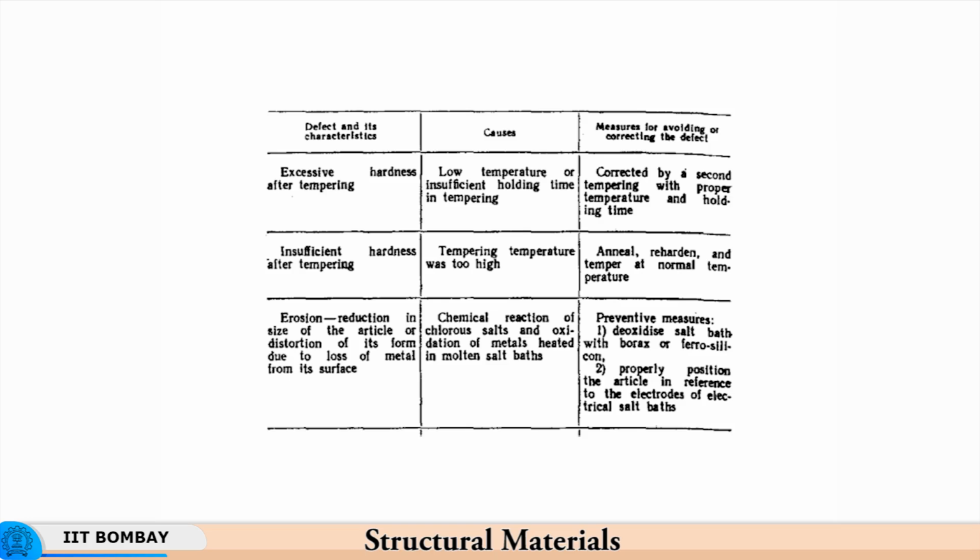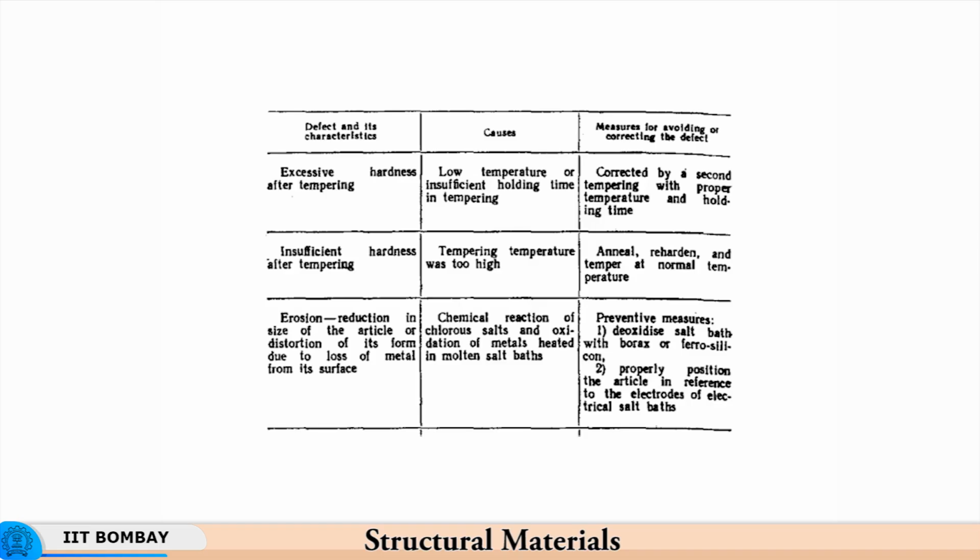So, it is important that sufficient temperatures are reached, and if you already have a problem of excessive hardness after tempering, temper it again with proper temperature and holding time. You need to give it the opportunity for carbon to diffuse out of the martensite, right.